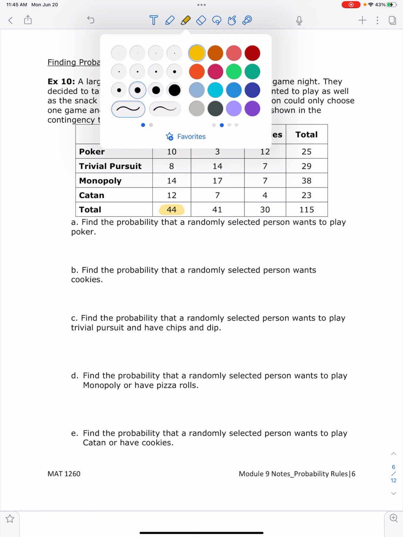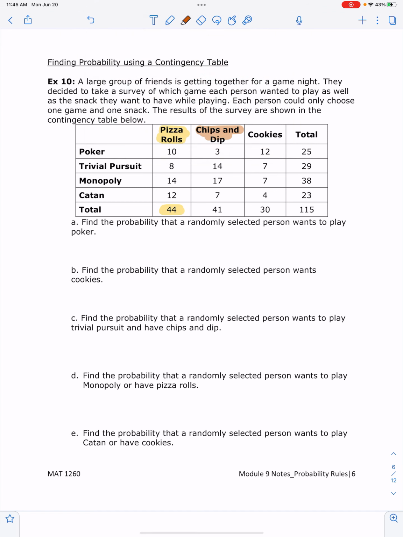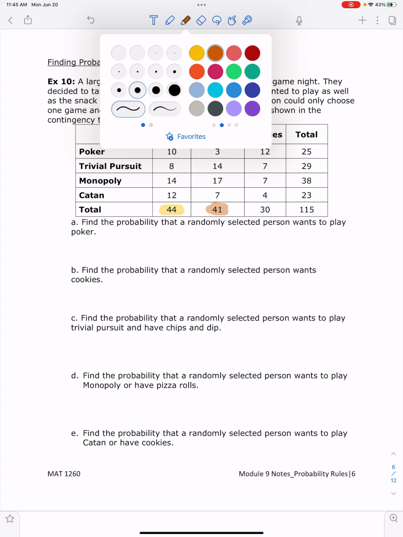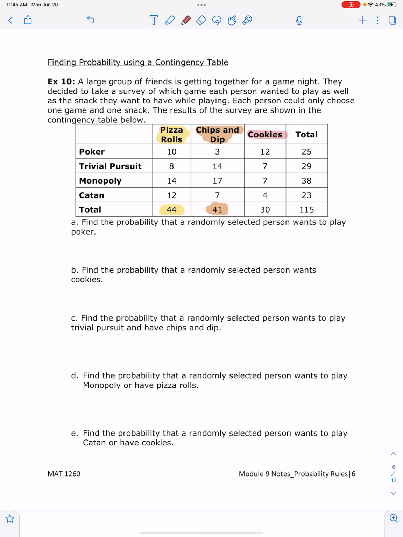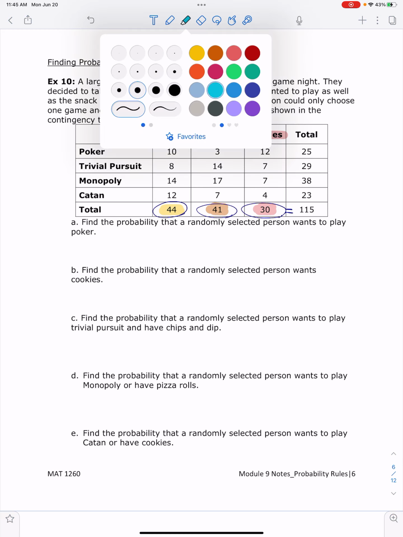So all of these labels up here have totals down here. If I add that 44 plus 41 plus 30, it equals this 115.